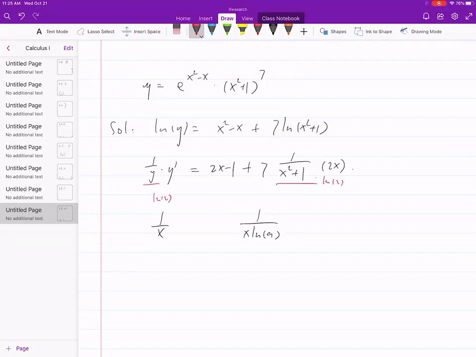Sounds good? For that case, you can totally do it with other bases. Just make sure that your derivative is a little bit more complicated, not dramatically complicated, more complicated.